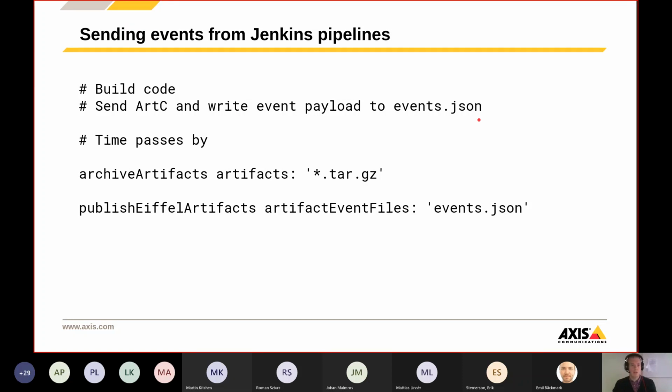Either way, just write the payload to a file. Some time passes by. You would use the standard archive artifacts to make the Jenkins artifacts available. And then you would use the publish Eiffel artifacts pipeline step and reference the events.json file. And then you'll have the artifact published event sent.